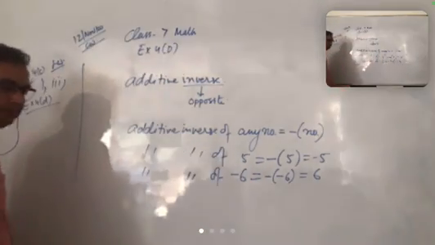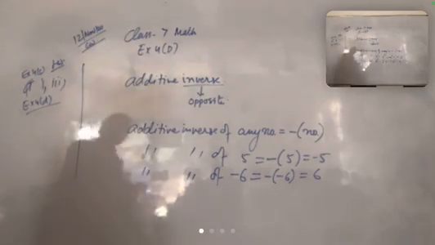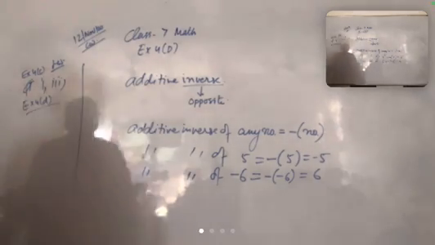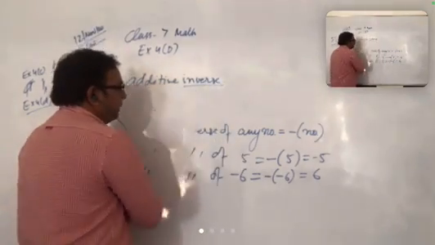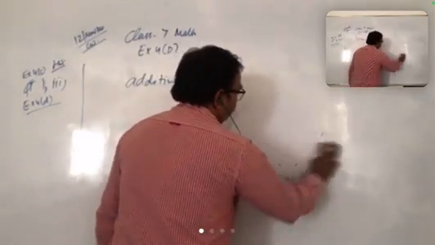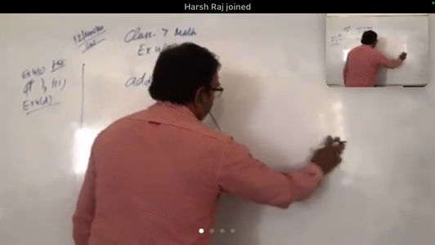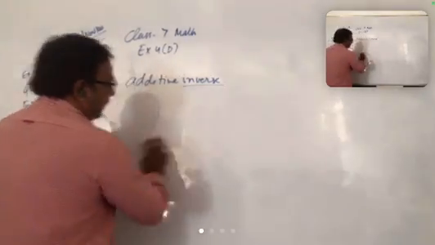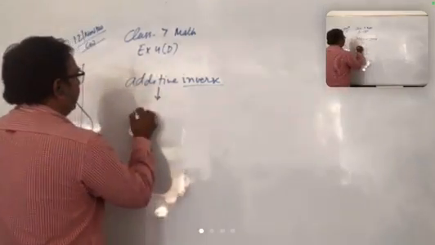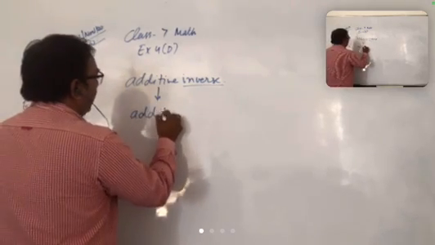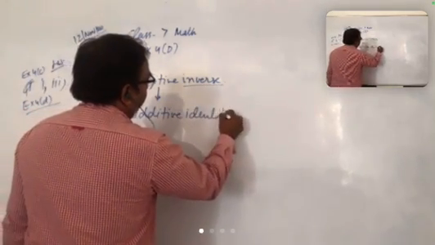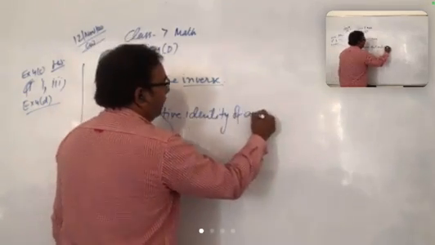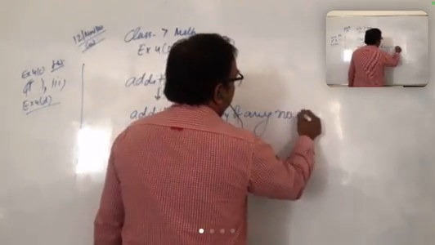And there is one more thing to understand, which I am telling you. There is another thing called additive identity. Additive identity of any number is equal to 0.